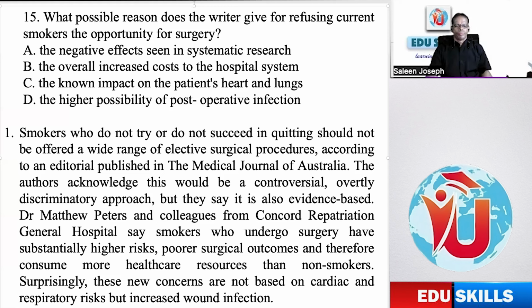The authors acknowledge this would be a controversial, overtly discriminatory approach, but they say it is also evidence-based. Dr. Matthew Peters and colleagues from Concord Repatriation General Hospital say smokers who undergo surgery have substantially higher risks, poorer surgical outcomes, and therefore consume more healthcare resources than non-smokers. Surprisingly, these new concerns are not based on cardiac and respiratory risks but increased wound infection.